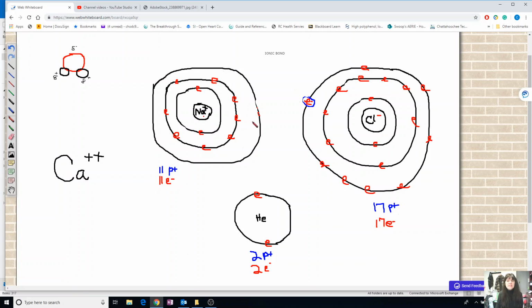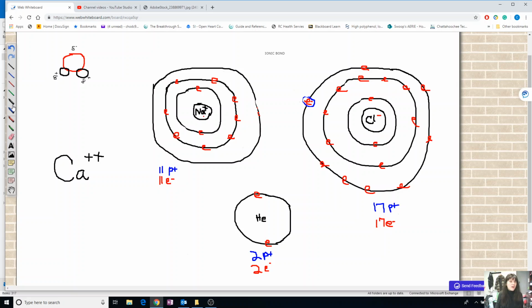The only reason these guys interact with one another, even though their valence shells are now happy, is because of the charges associated with these atoms by the loss and gain of electrons. This guy lost an electron, this guy gained an electron, so now they have a charge, and that charge, that polarity, is what attracts them to one another. Helium shows up to the game just like this, so there's no chance of any interaction with helium.